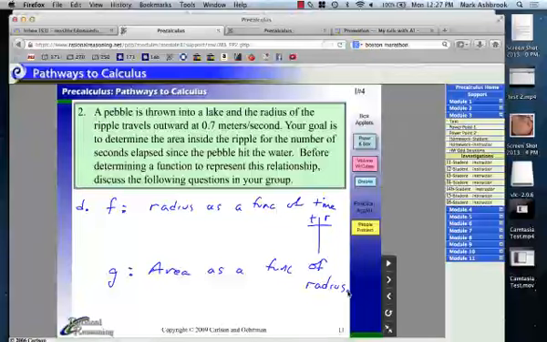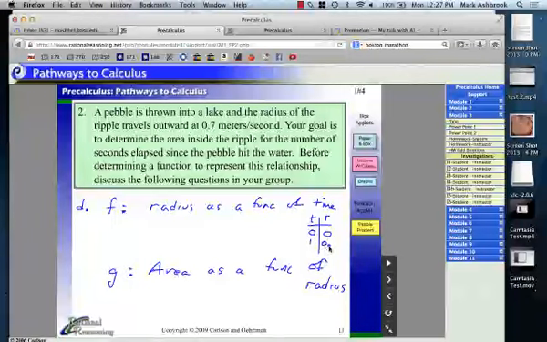Okay, Yaslin. Where's Yaslin? How'd it go? Did you get the f function? No? So at time equals 0, what's the radius? What's the radius when the pebble first hits? 0. One second later, what's the radius?